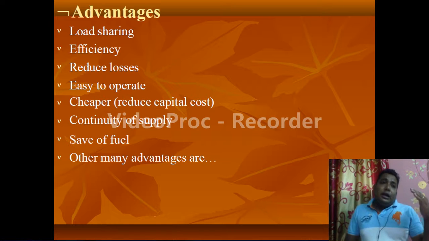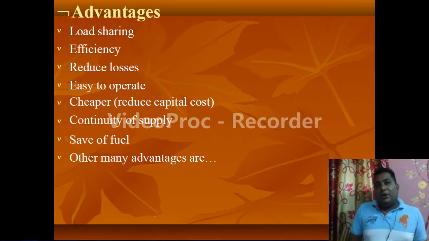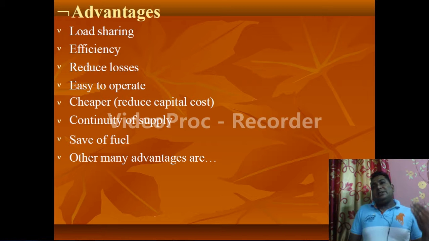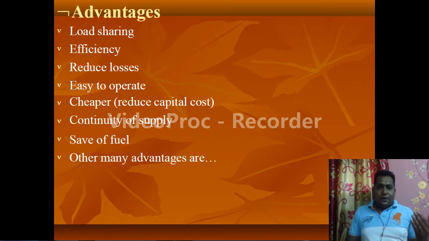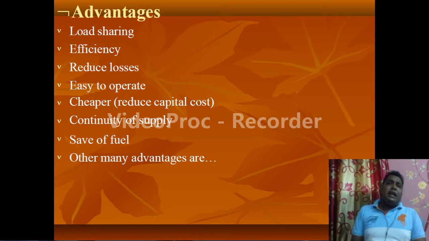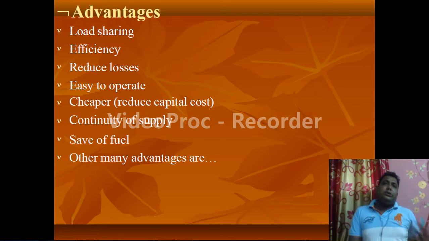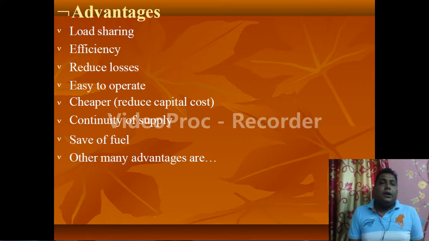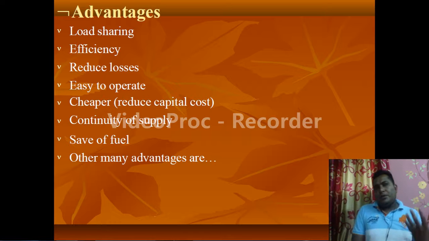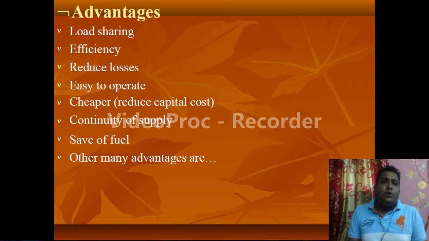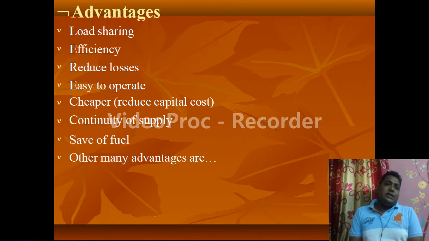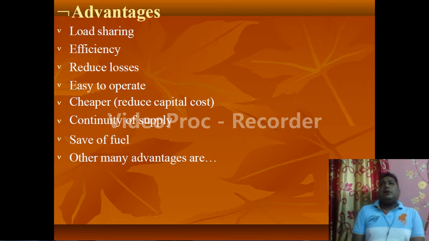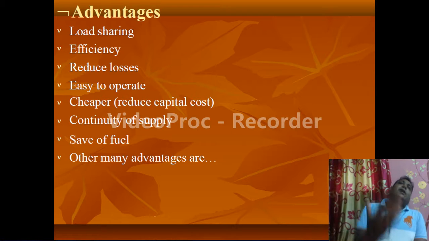If that alternator runs all the time at full load, a huge amount of heat can be generated inside it, and due to that the longevity of the alternator will be reduced. So for longevity and uninterrupted power supply to the load, we can share the load between two or three alternators, so that one alternator does not always run at full load or overload.